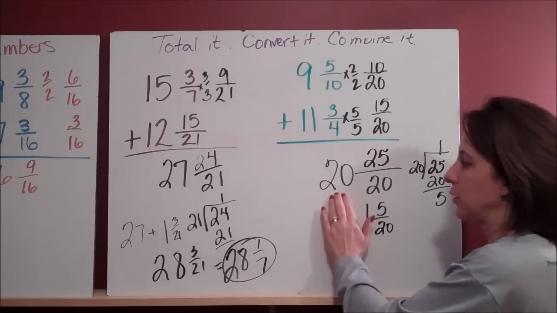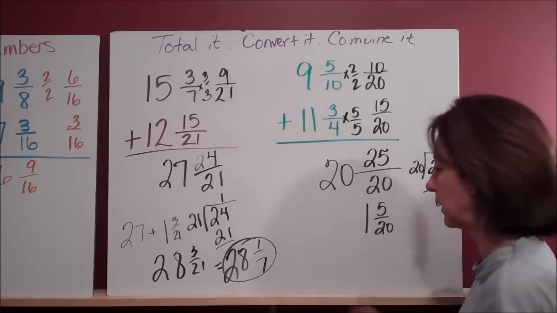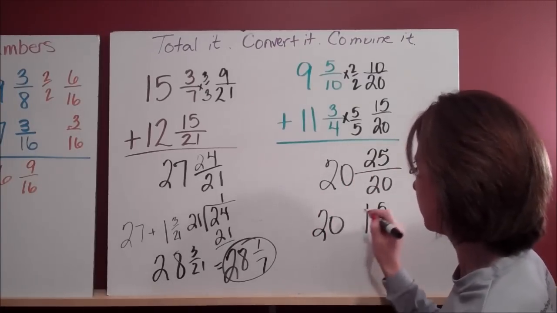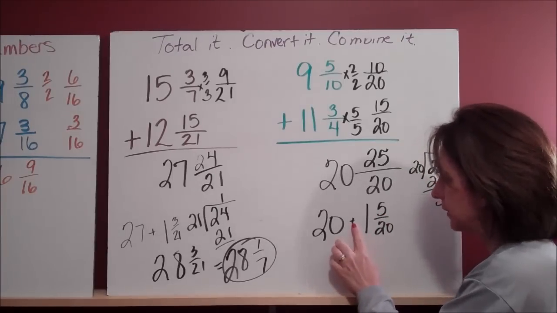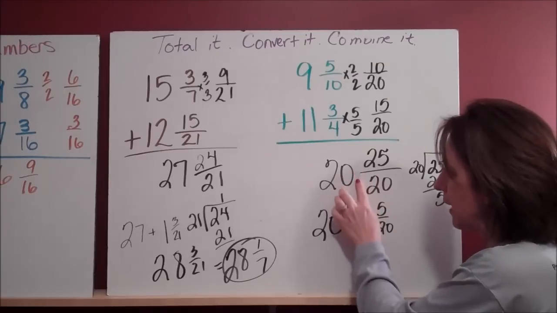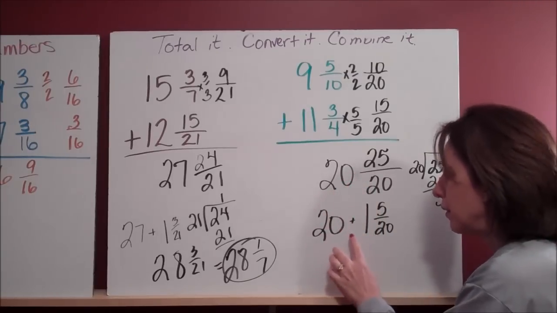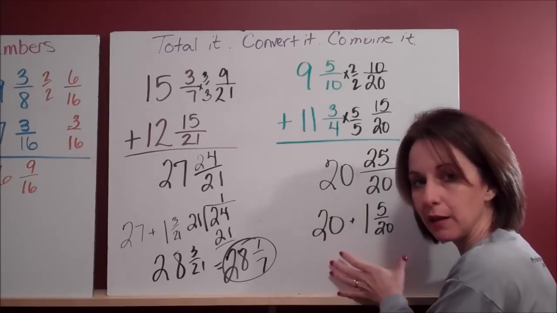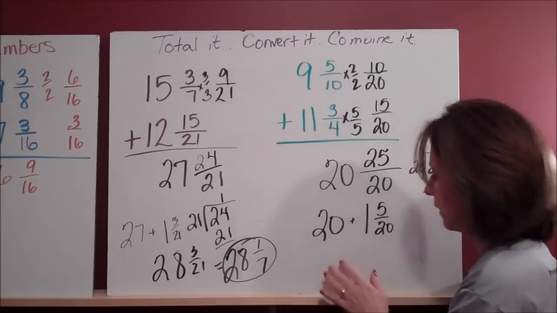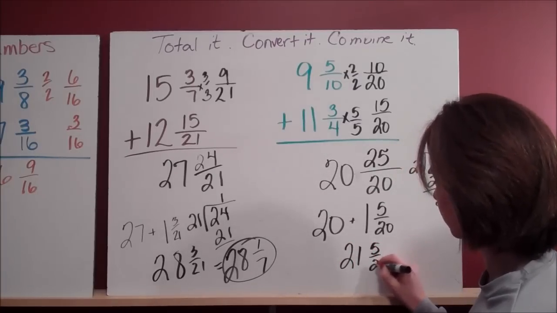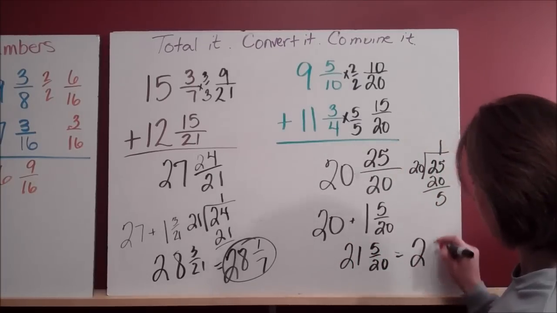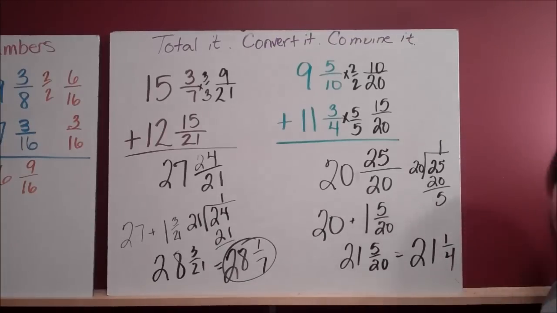And instead of saying 20 and 25/20ths, I'm going to say 20 and 1 and 5/20ths. This plus sign is understood anytime you have a mixed number. It's imperative that you use it and combine those when you've turned it into another mixed number. So 20 plus 1 is 21 and 5/20ths. Simplified is 21 and 1/4.